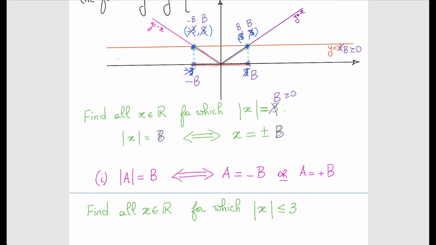So what I'm saying explicitly is that for such a point, if this is x, the y-coordinate through the absolute value function, I'm going to get absolute value of x right there. This is the height, absolute value of x. And for this input, under the function y equals 3, I'm going to get this guy as the output.